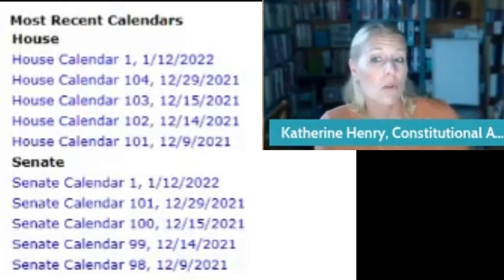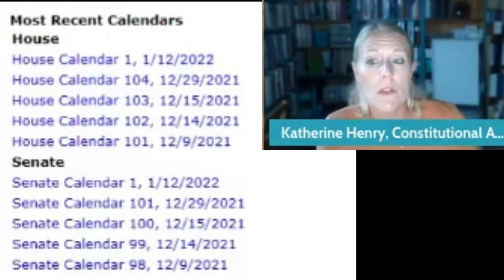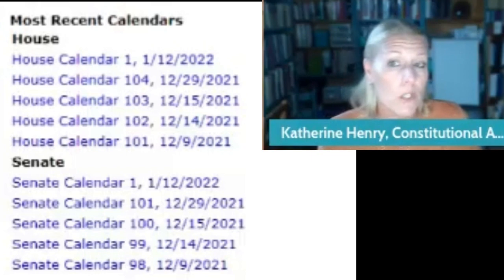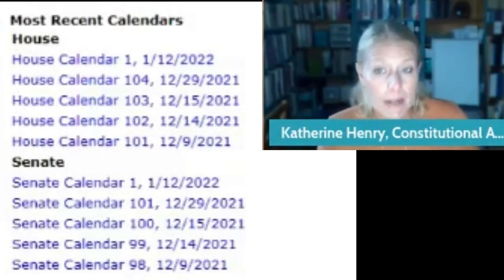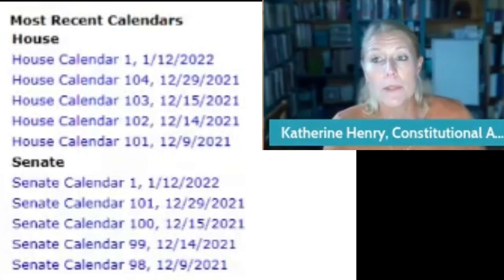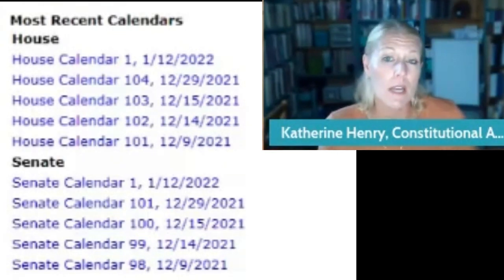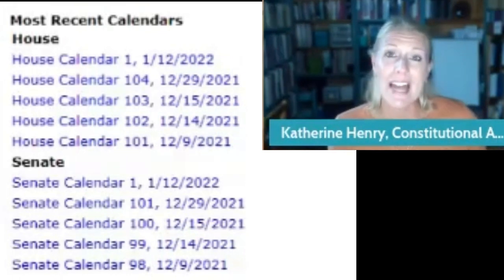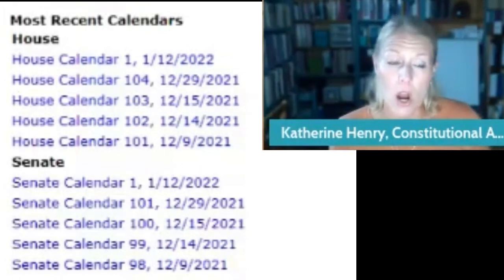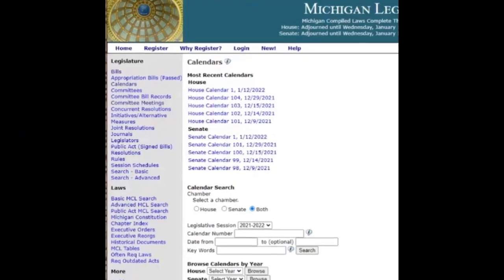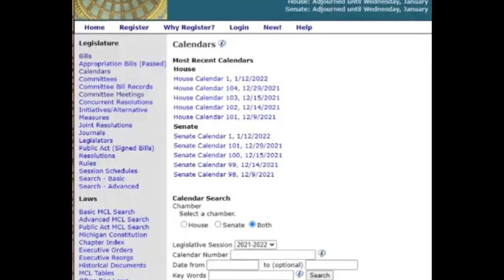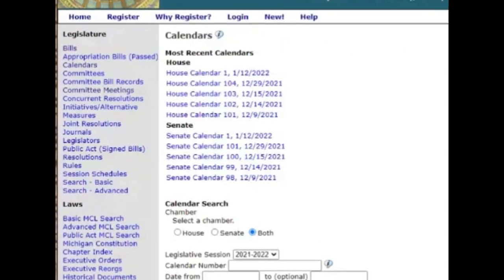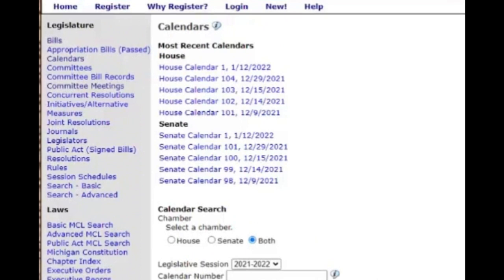It automatically shows you December 9th, 2021 through January 12th, 2022 for both the Michigan House and the Michigan Senate. So please make sure to look at these, because one way to get involved is to find out when certain committee meetings are, when actions or different votes are being taken, or when the legislators are actually there. Get to know this part of the website, and you'll understand the ins and outs of different timing on things.